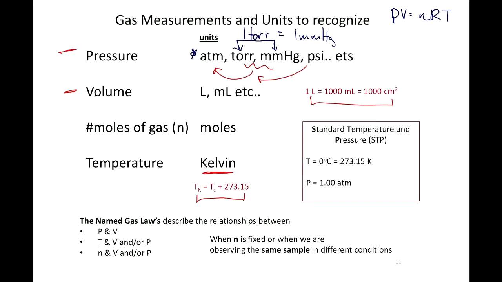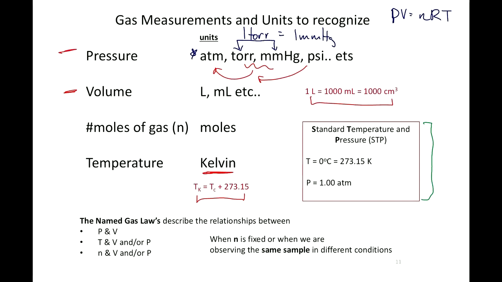Side note: we are talking about temperatures and pressures a lot, so a common shortcut is to talk about standard temperature and pressure. This is kind of close to ambient conditions, but STP, or standard temperature and pressure, means the temperature is 0 degrees Celsius and the pressure is 1 atmosphere.